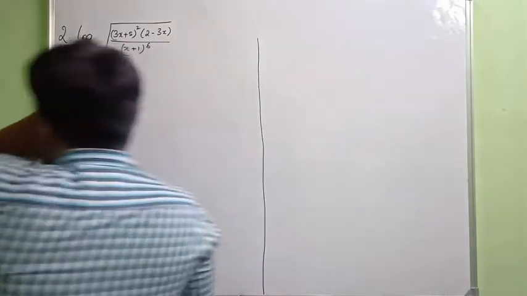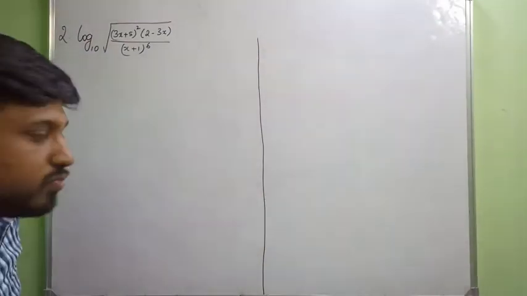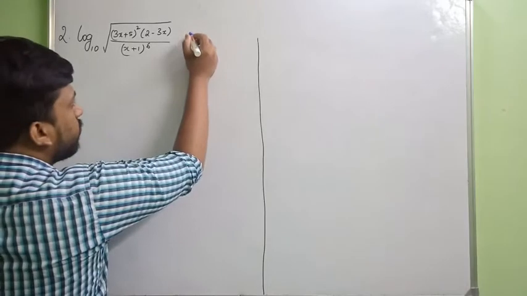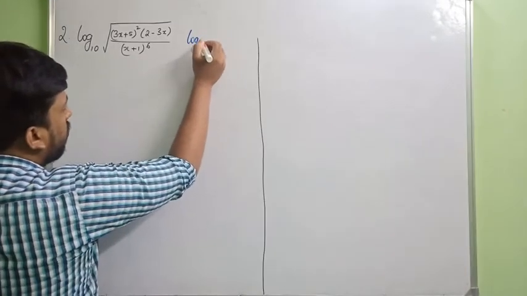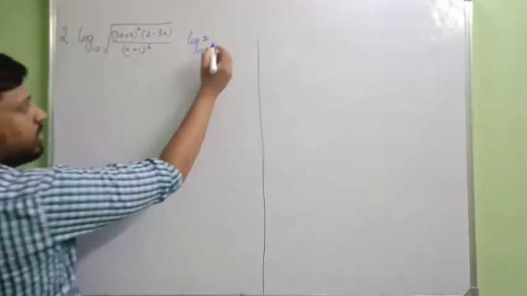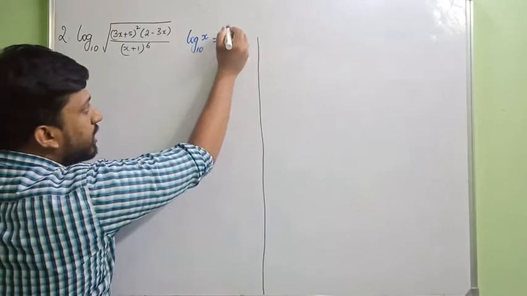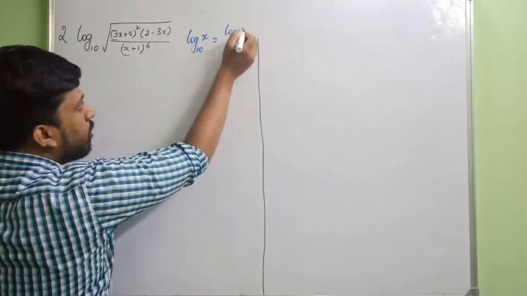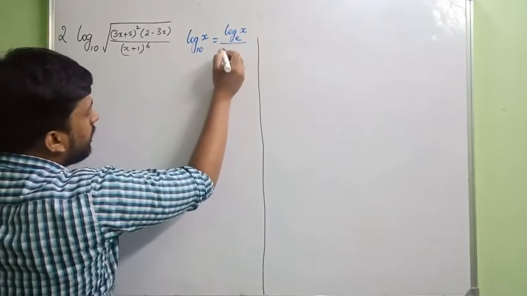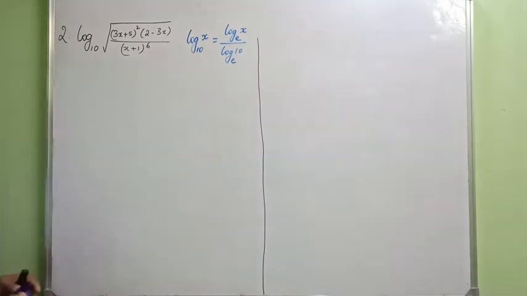So here, if we get this log 10, we know what the formula is. We already know that log x to the base 10 is nothing but this. If we want to convert it to the base e, it is going to become log x to the base e by log 10 to the base e, isn't it? So this is the formula we have.